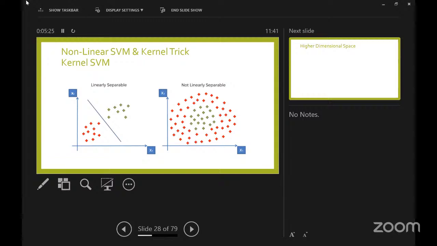In these two types of data set, if I want to divide by simply drawing a straight line, I can separate these two data. Here also we are having two data, here can I separate these two data? But by seeing, I can tell that this is one type of data, this is another type of data. But it is not linearly separable. So these are the exact differences which we can see for linear separable and non-linear separable.